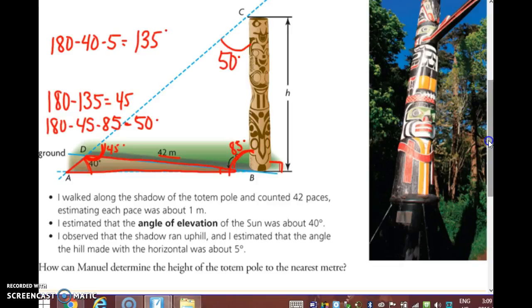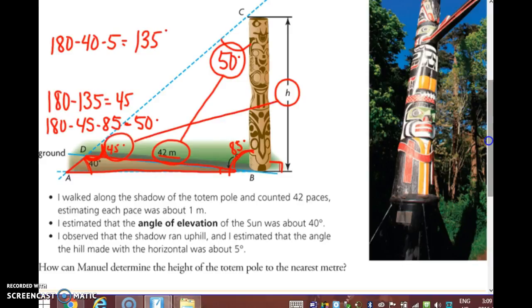Now, we're looking for the height of the totem pole, so we know he had 42 paces, and it matches with the angle of 50. So we should be able to use sine law using this angle to find h.